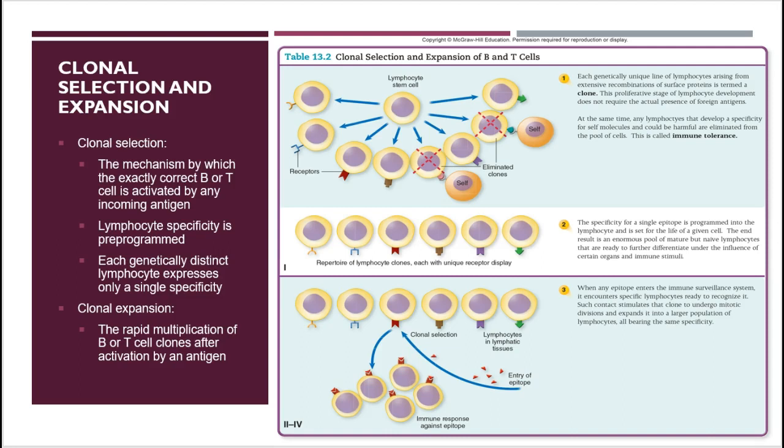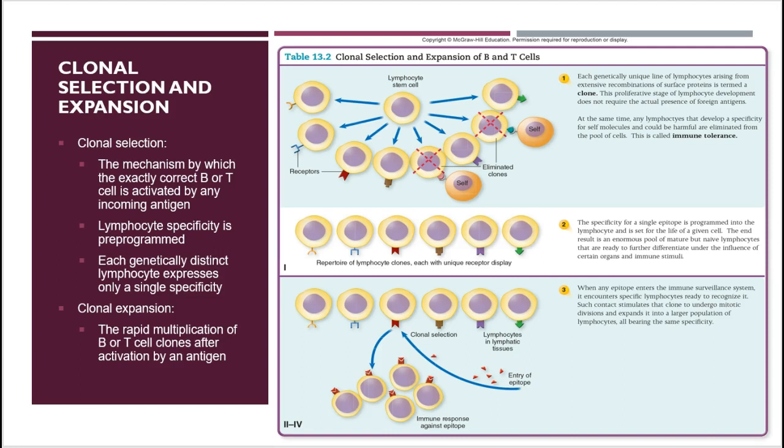When an epitope enters the body and comes in contact with an immune cell, a B cell or a T cell, that epitope is going to be recognized by the cell with that receptor that recognizes that antigen.